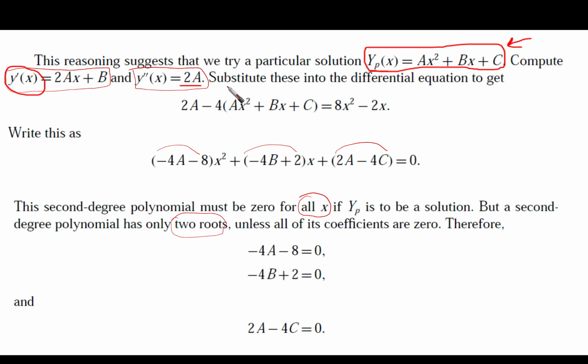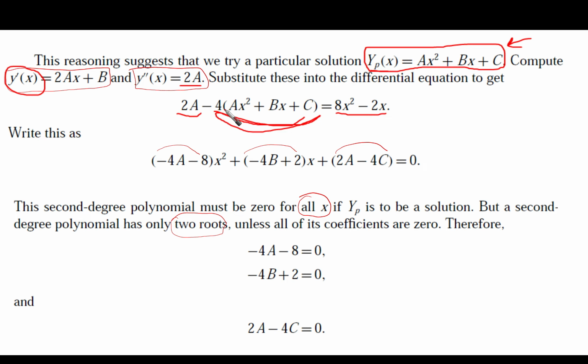And then we're going to substitute these two into the differential equation. So we have here 2a, which is y double prime, and then minus 4 times ax squared plus bx plus c. This is 4y, from the original differential equation, equal to the right-hand side of the original differential equation, right?